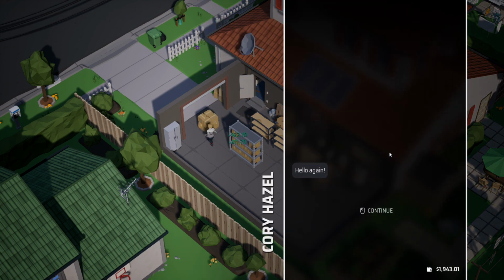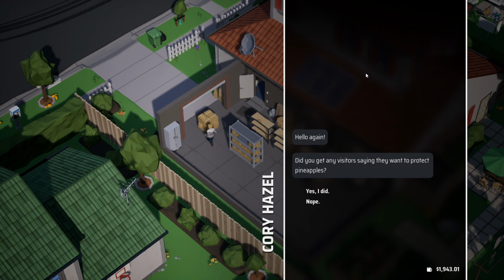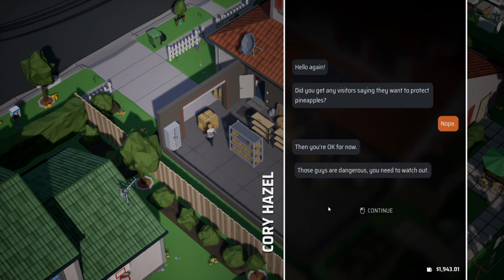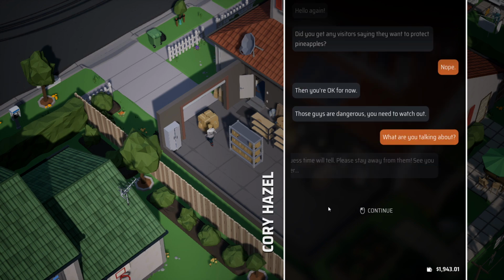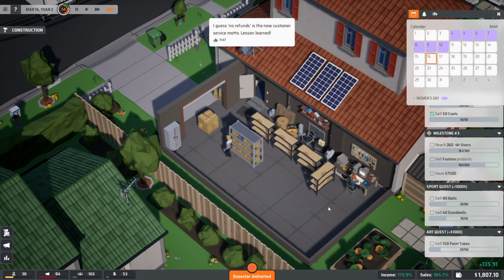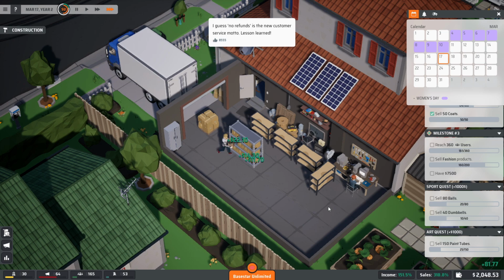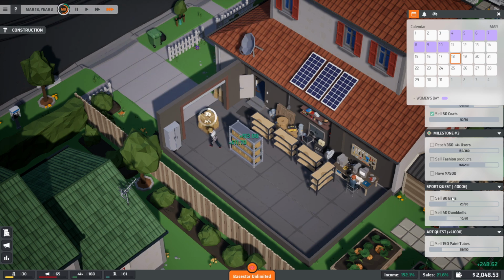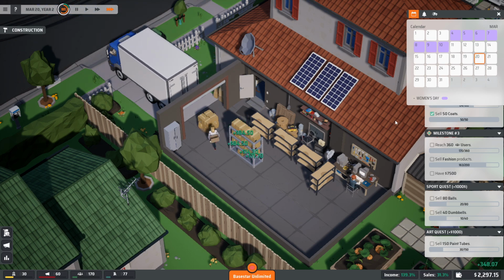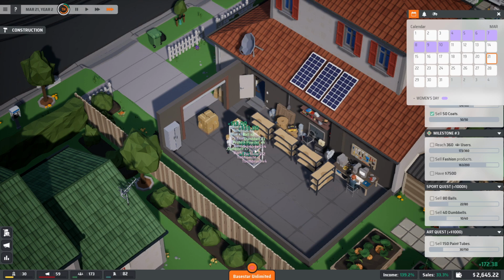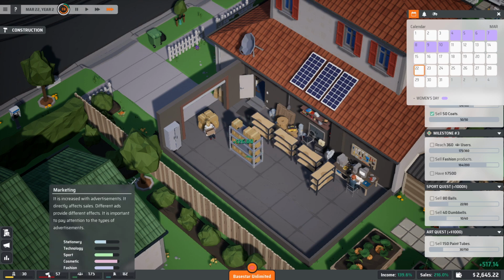Horoscope. Okay, so apparently there's a pineapple mafia. They're flying off the shelves.